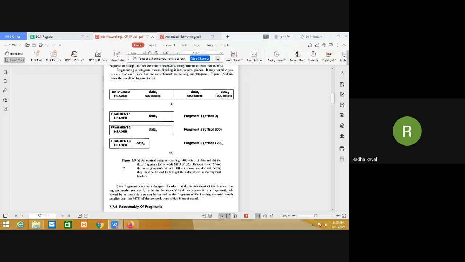Here the flag field will not be there in a fragmented part, and it travels over the network. So you first need to check the MTU of the network. That will be done by the network itself. So first it will check the network MTU, and if your datagram carries a size more than the MTU, then it will do the fragmentation. Otherwise, it will not.